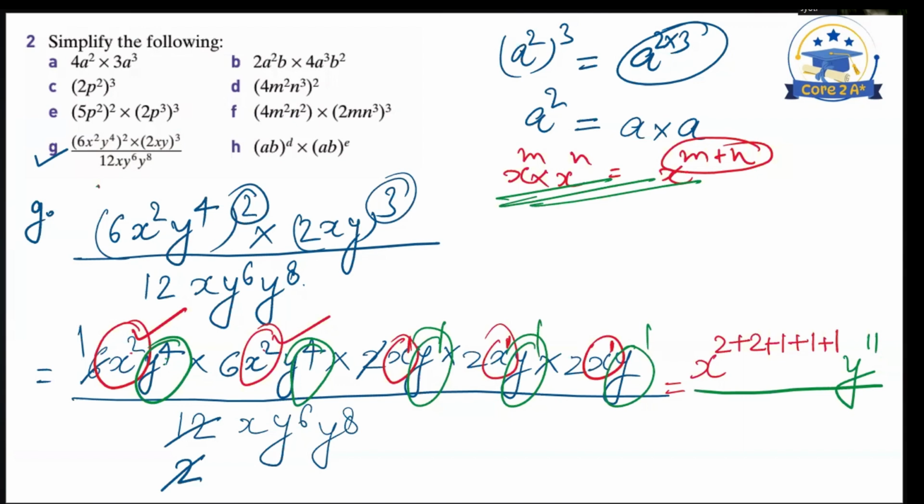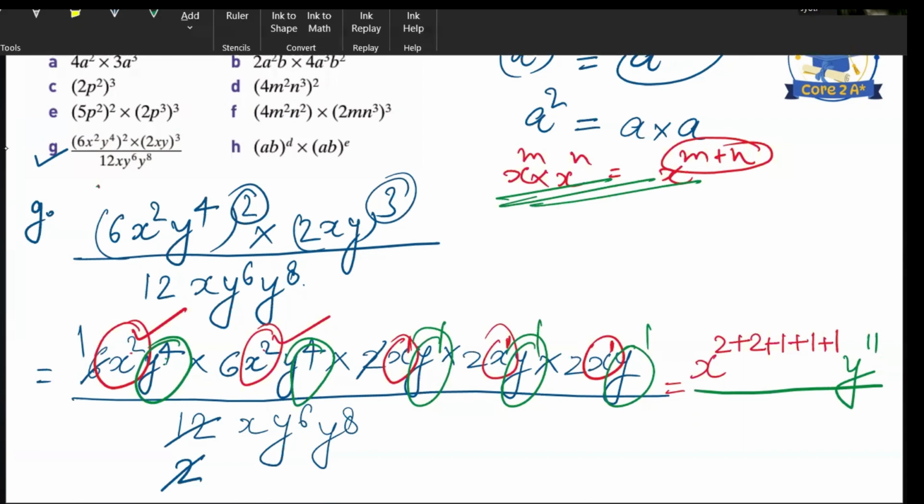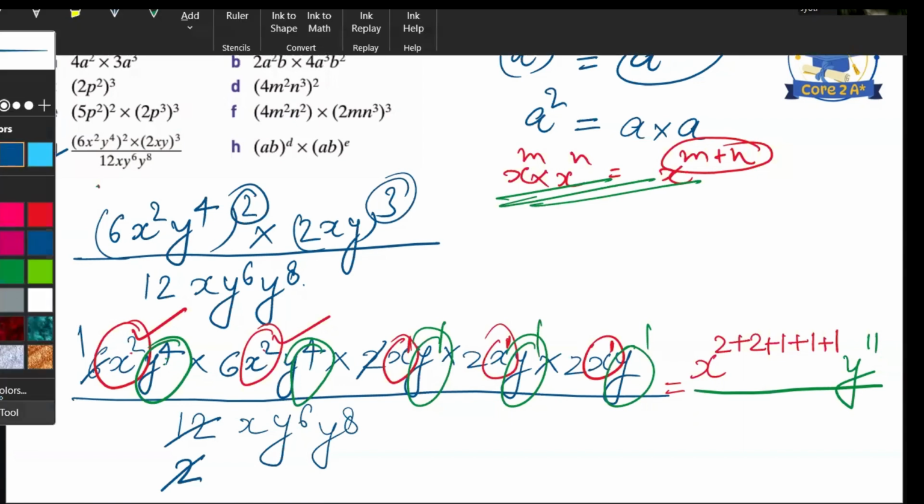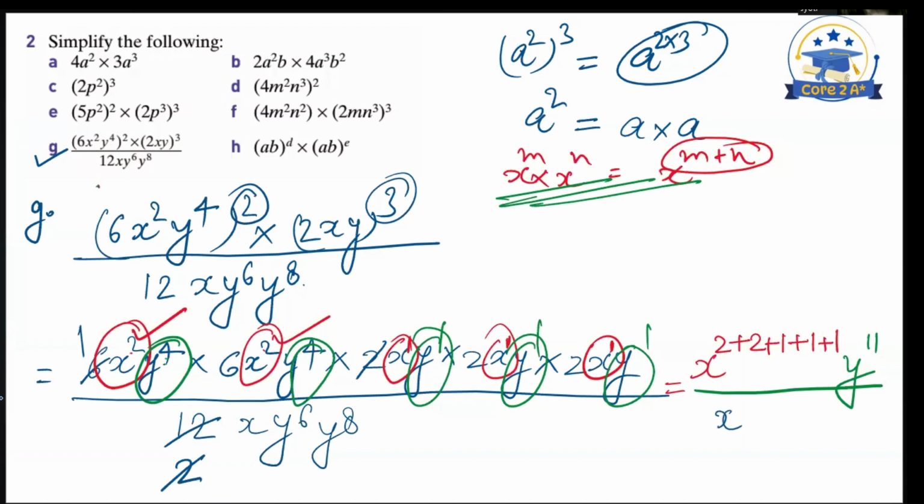What about the denominator? In the denominator, we have x and y. If we have the same base and different exponents, what do we have to do? Add the exponents, add the powers. 6 plus 8, how much is it? 14, right?